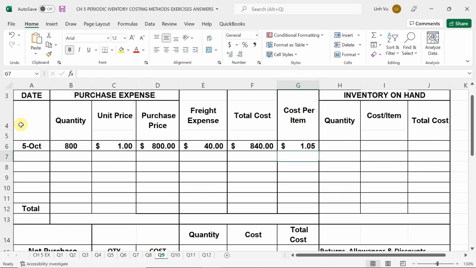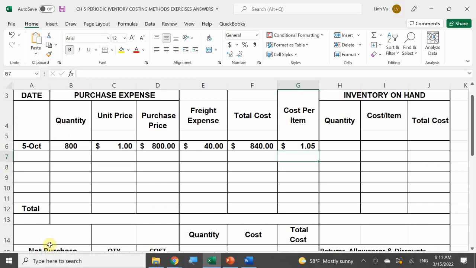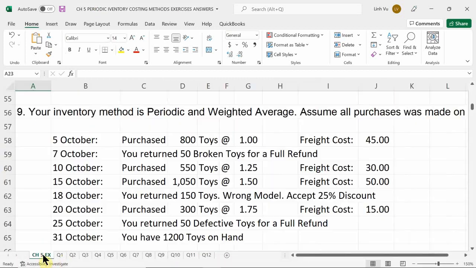$1. And did you say 184? I did, I just guessed. Oh, okay. So in this case, it's $1.05. The freight is 45, isn't it? Let's see. It is. Thank you.